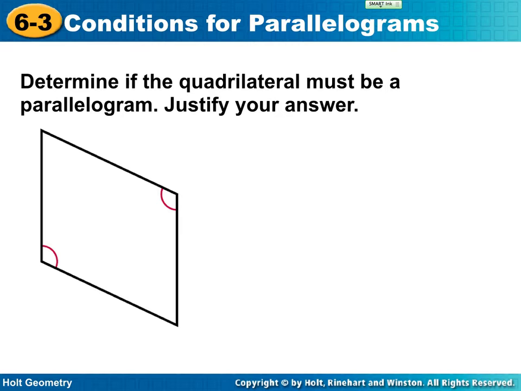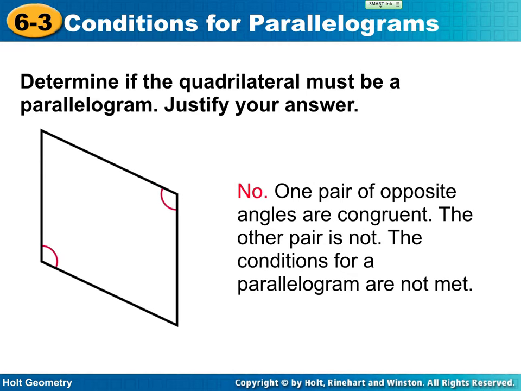Do we have both pair of opposite angles congruent? I see one pair. I don't have both pair. 6.3.1 then? No, oh, it's a no. We only have one pair of opposite angles congruent, we don't know enough about the rest of it.